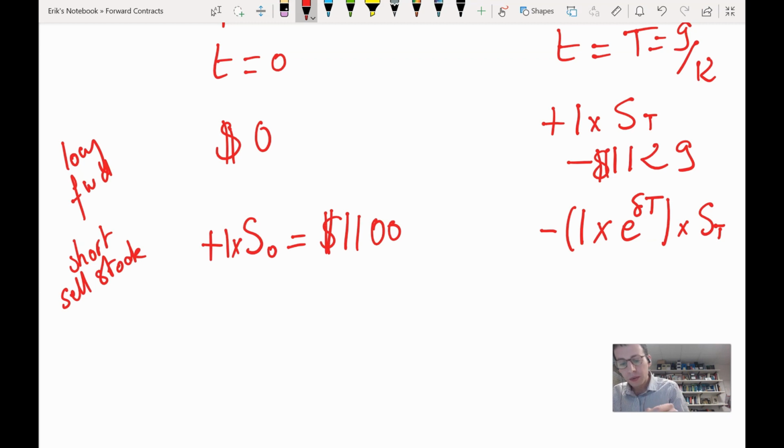So that's not going to work, because here I want 1 unit, but I have more than 1 unit. How are we going to do it? Well, we're going to tail our position. We're going to short sell less than 1 unit, so we have exactly 1 unit to buy at time T.